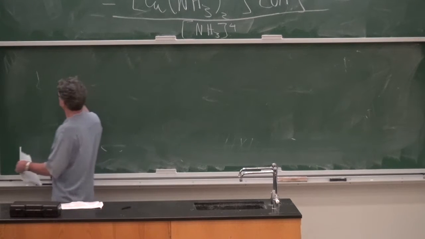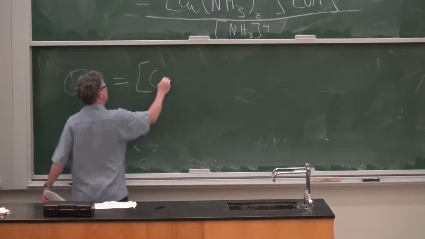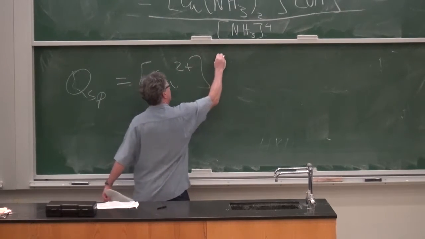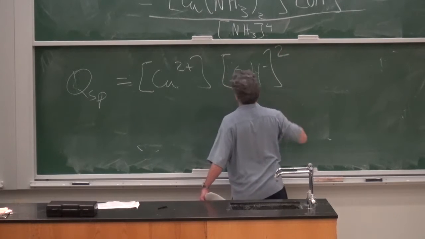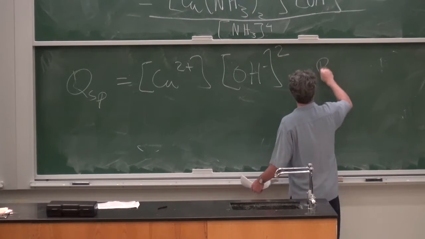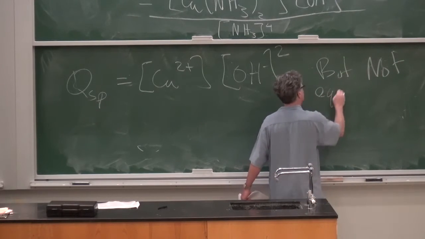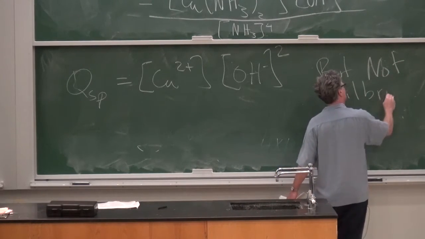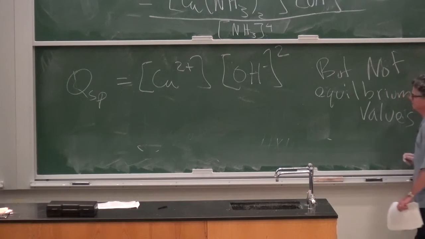QSP would be the concentration of copper times the concentration of hydroxide, but not the equilibrium values. Right? That's QSP.